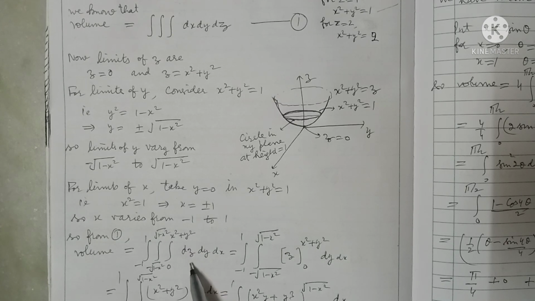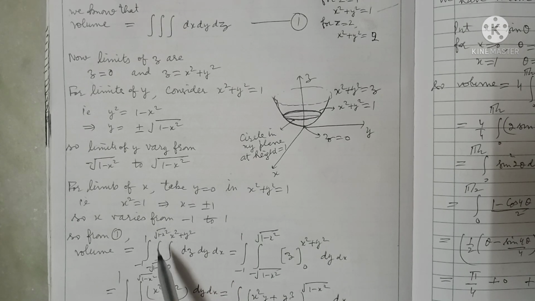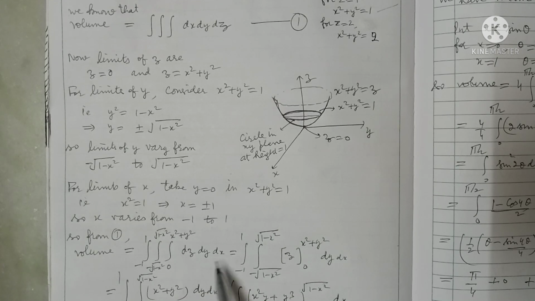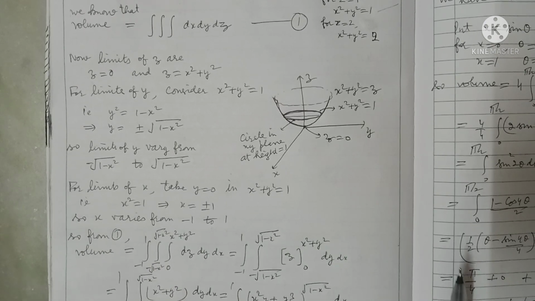So first we integrate with respect to z, then in the limits of y there is only one variable, namely x. So then after integration with respect to z, we will integrate with respect to y and we will integrate with respect to x in the end, because limits of x are both constants, right?